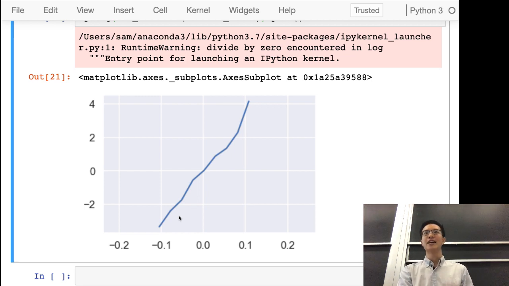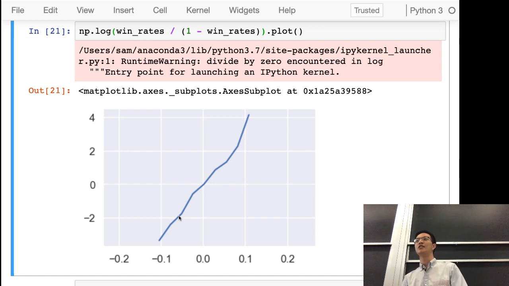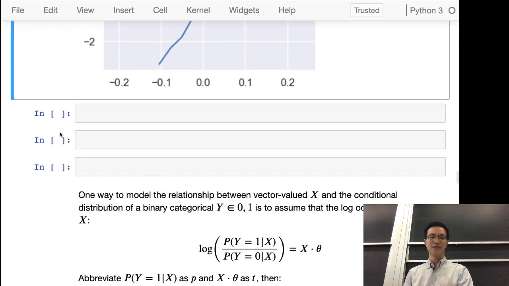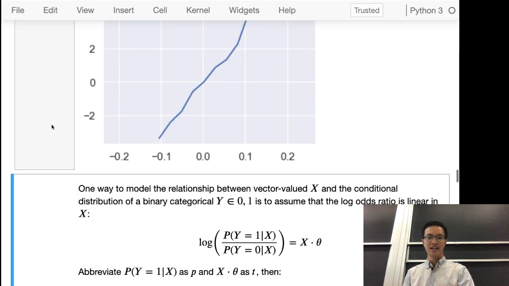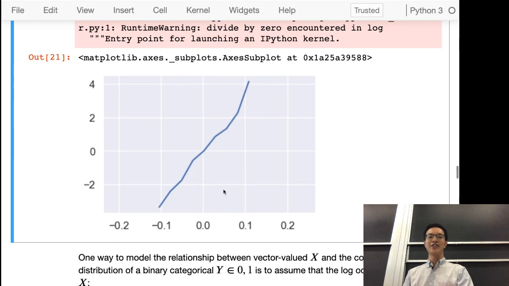And it turns out that what we often assume with probabilities is that the log odds ratio is linear. So we know this relationship, and it turns out that this relationship often holds for values involving probabilities. Not always, but often.